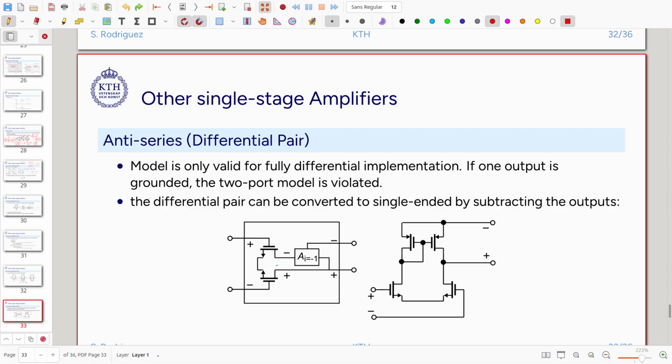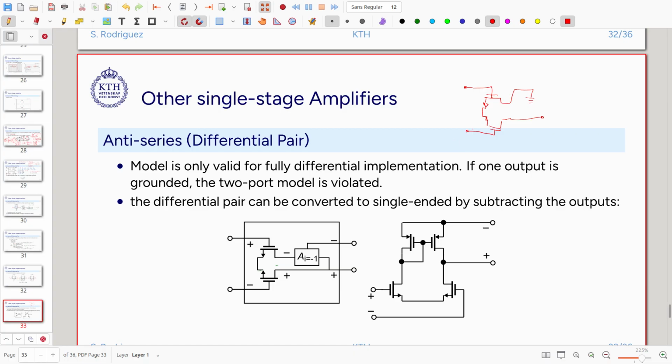One way of implementing the differential pair with one output is just taking directly, for instance, the differential pair like this, grounding one output and taking the other output. In many configurations this will work, and this will be enough.